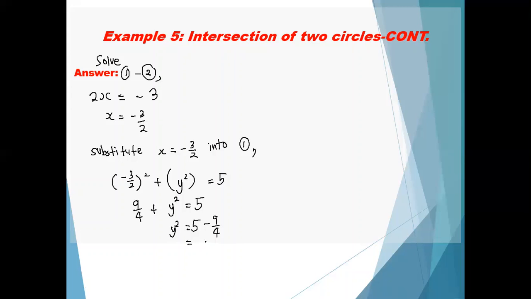So y is equal to, because it is squared, so we take plus minus square root of 11 over 4. Okay? This is y squared, so everything must be under the square root, plus minus square root 11 over 4.